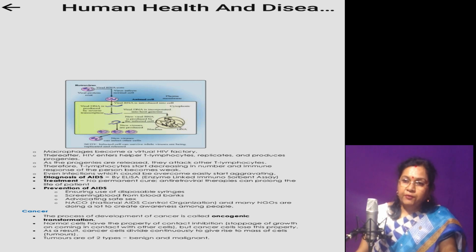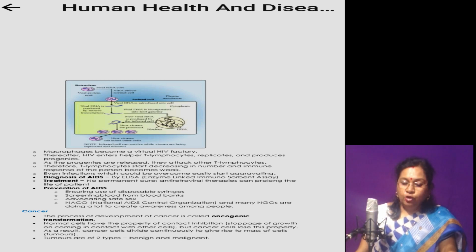Now, what are the preventive measures for AIDS? The person must have conscious behavior to prevent the disease. NACO, the National AIDS Control Organisation, which was established in 1991, and other NGOs are educating people about AIDS.